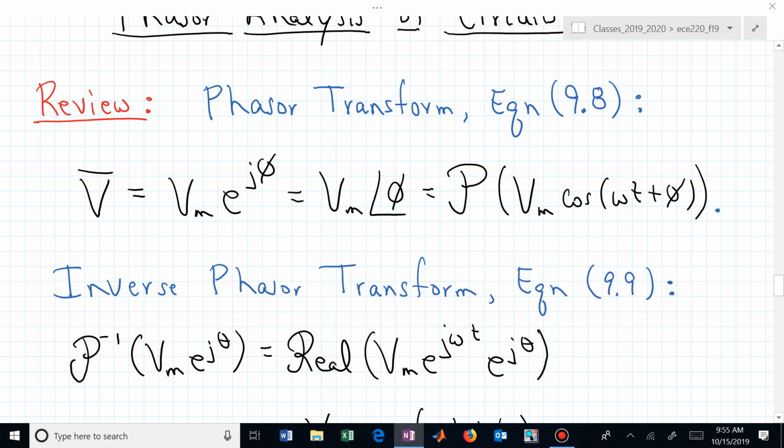If somebody now needs to find the impedance of a capacitor, you're going to have to tell them what omega is, unless they want that to be a variable. And now you're plotting something as a function of omega. But in general, you would have to be told or find it in your cosine expression.